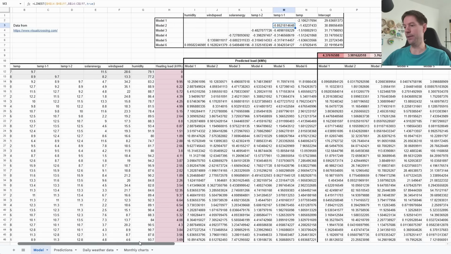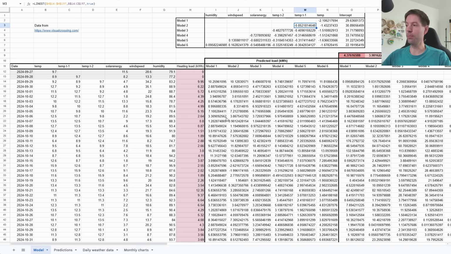So that means we could potentially improve this even further by, let's say, adding the day before temperature. And that's what I've done in model 3 here. I've got the temperature on 2 days prior to today, so the day before yesterday, and I've done exactly the same thing.